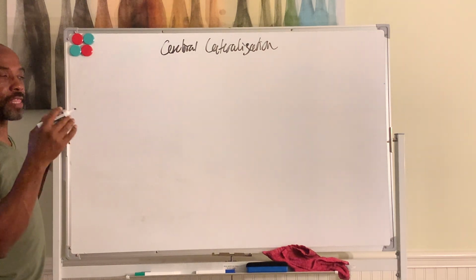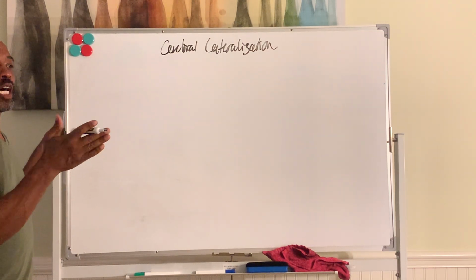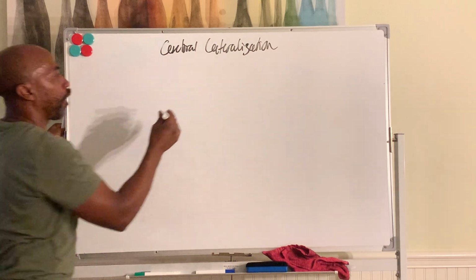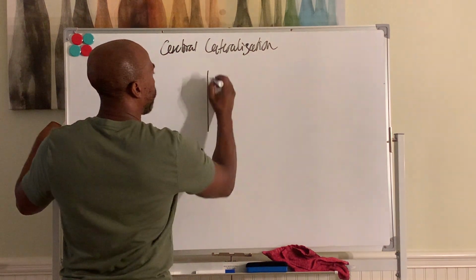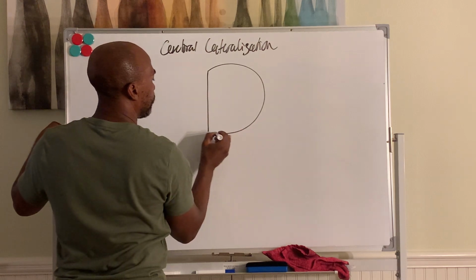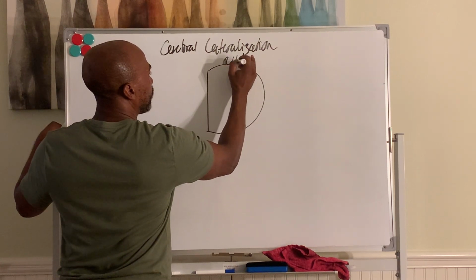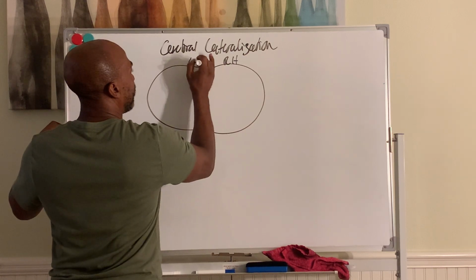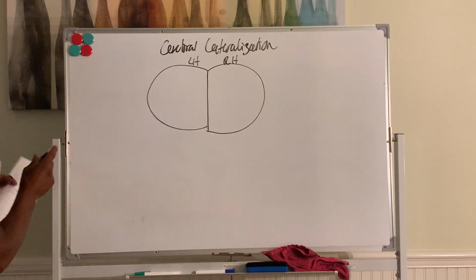So where some things are done better on one side versus the other. So it's said to be lateralized. Okay, so here if you have two halves of the brain. Let's make this half your right hemisphere, this half your left hemisphere.